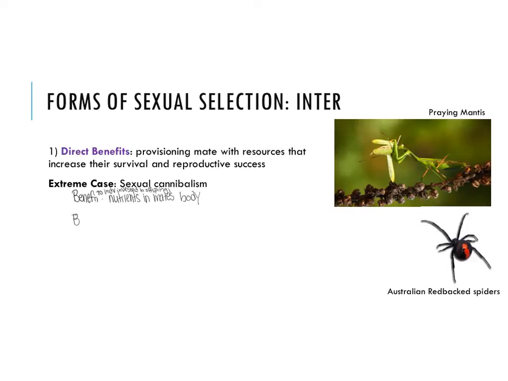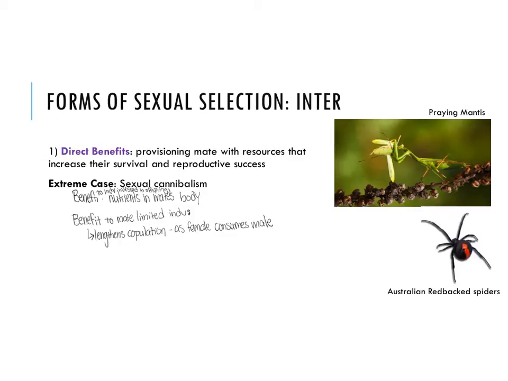So what's the benefit to the mate limited individual, right? The one who wants to mate multiply. Well, for one, it sometimes lengthens copulation. And it does this because sometimes as the female consumes the male, so in this case we're talking about like these redback spiders.